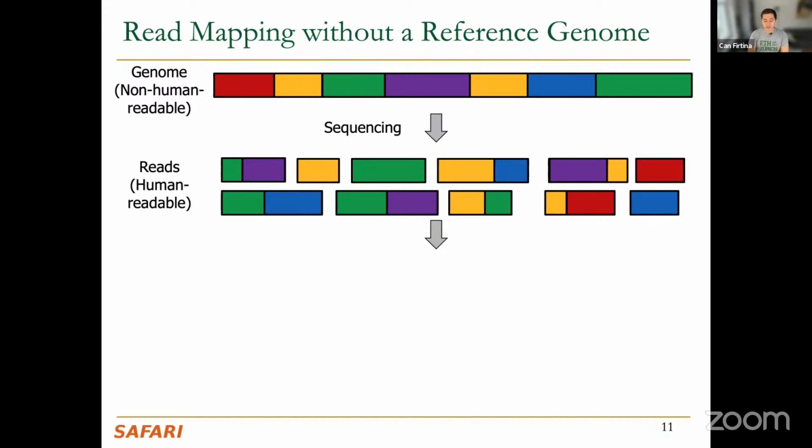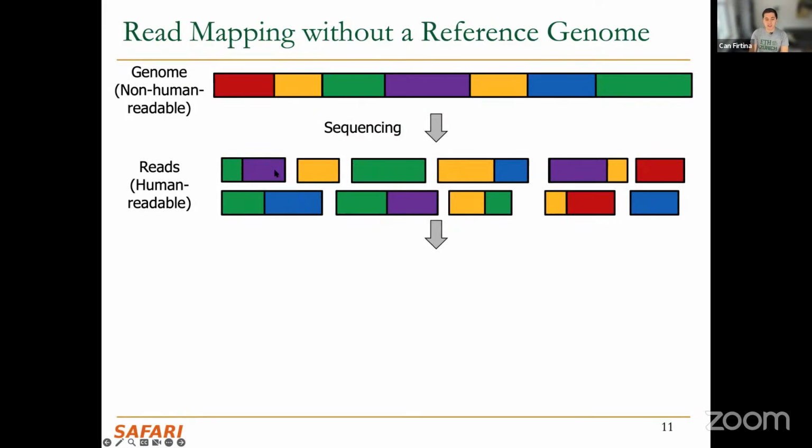And the way to do it is to look at the reads, look at the similarities between reads, and then try to identify matching similarities between them, so that we can reconstruct the puzzle by looking at how similar each piece is to each other. And this is essentially what we get after sequencing.